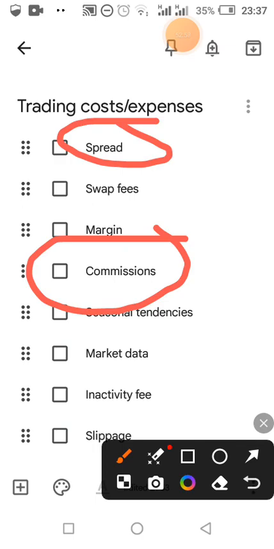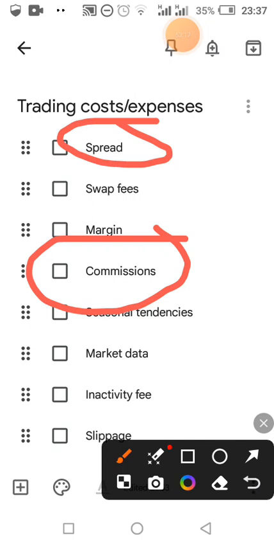But usually B booking brokers, their spread will still be less of a charge compared to the charge of an STP or A booking broker's charge of both the commission and the spread.